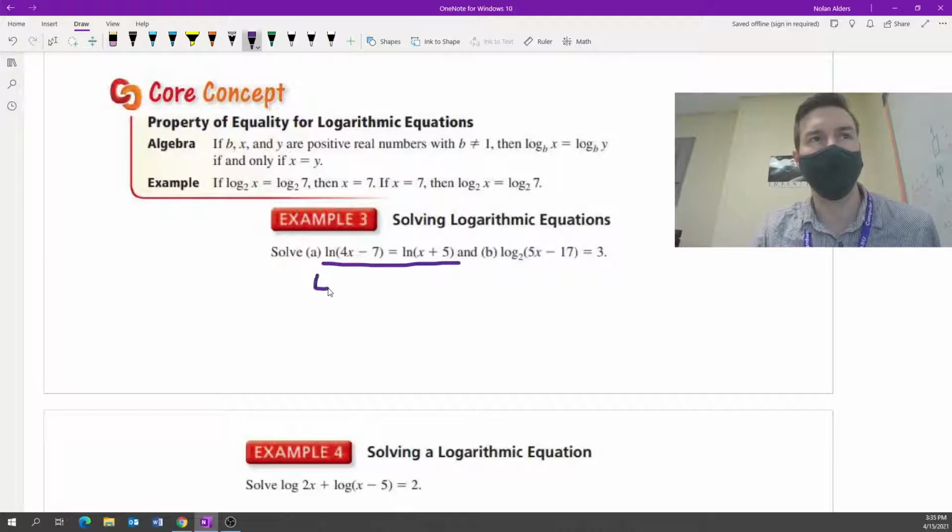So we can just rewrite this as 4x minus 7 equals x plus 5. We can subtract the x over here and we get 3x. Add the 7 over here and we get 12. Divide by 3 and you get x equals 4.